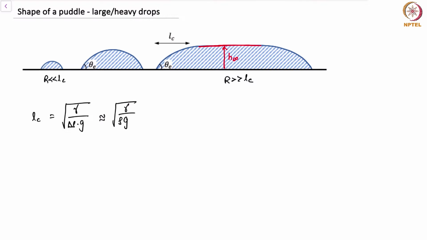Okay, and let's define a few important things. Rather, let me first state the important questions. The key questions are: what is the radius of the puddle?